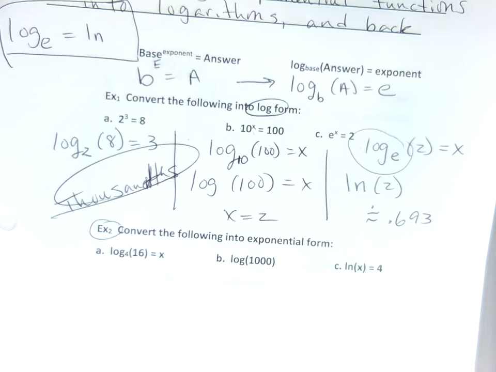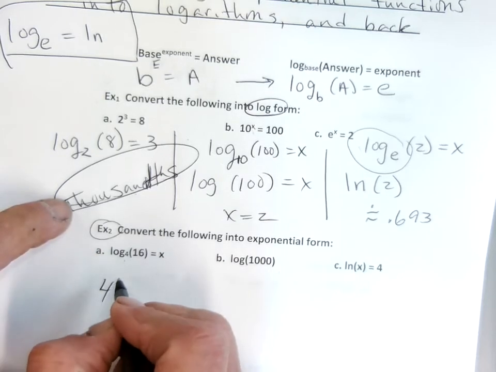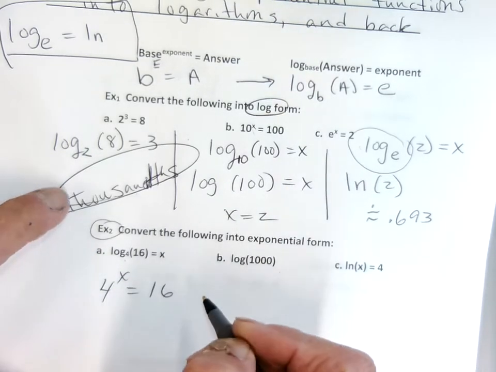We're going to go 4 to the x power equals 16. 4, that's my base, to the exponent x, equals 16. Let's write that down. So let's write 4. So here's my base. 4 to the x equals 16.